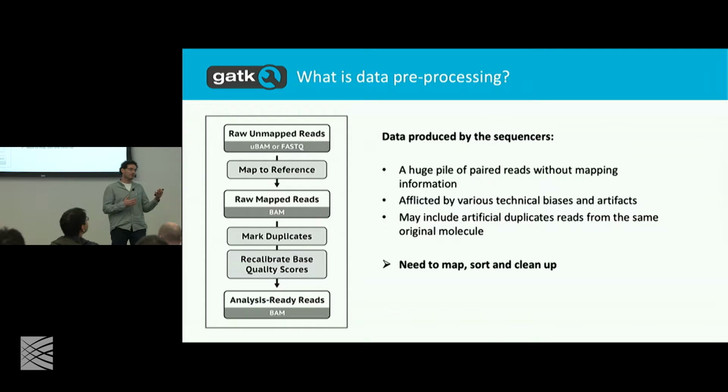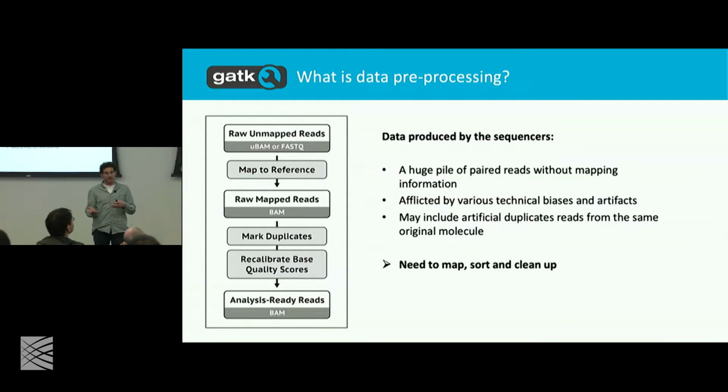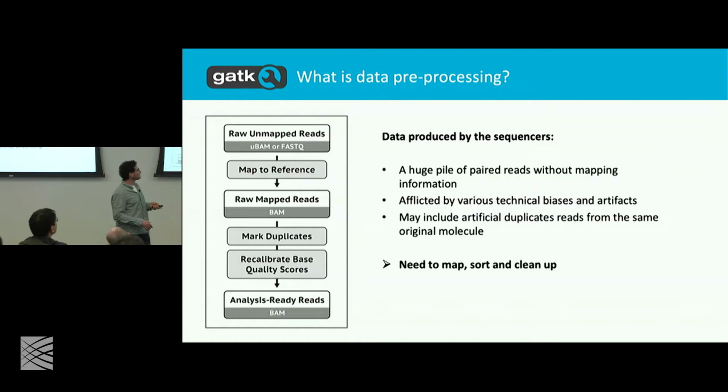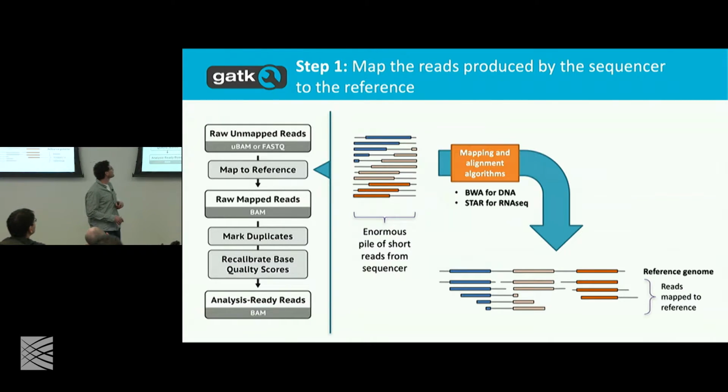It might have library duplicates or sequencing duplicates. We can distinguish between them, but we don't really care, usually, unless we're in the lab and we want to minimize one or the other. But as an analyst, we usually don't care what kind of duplicate it is. All right, and so we need to, as I said, map, sort, and clean up and fix the quality scores.